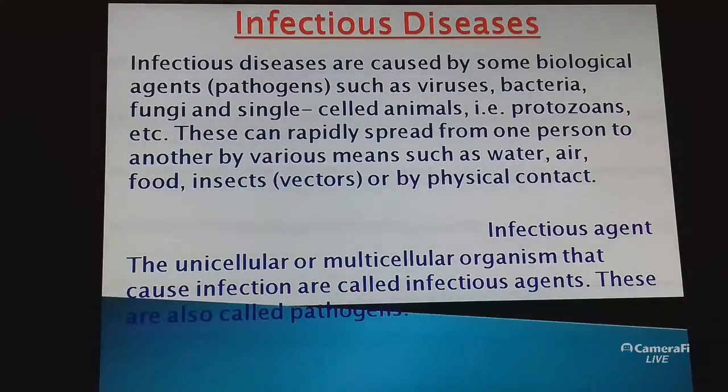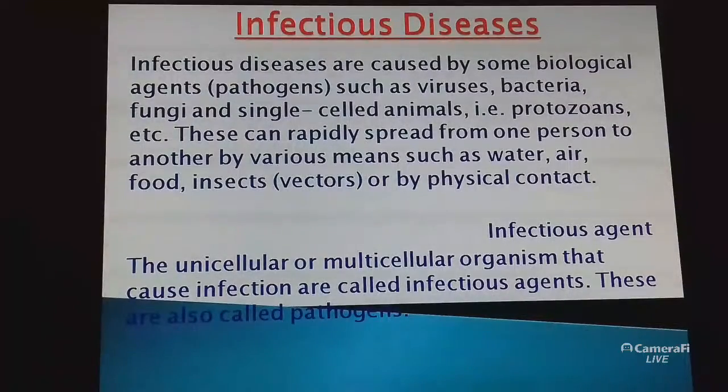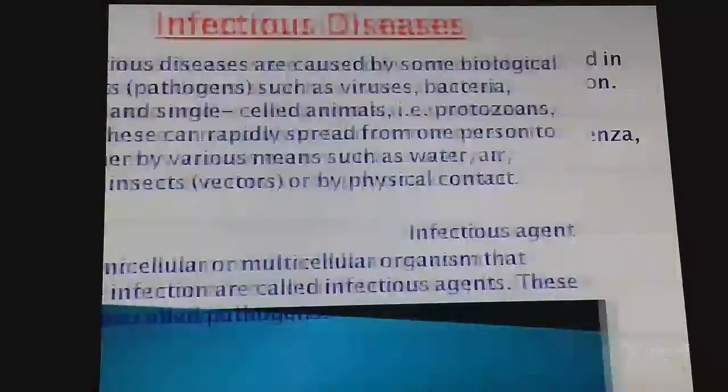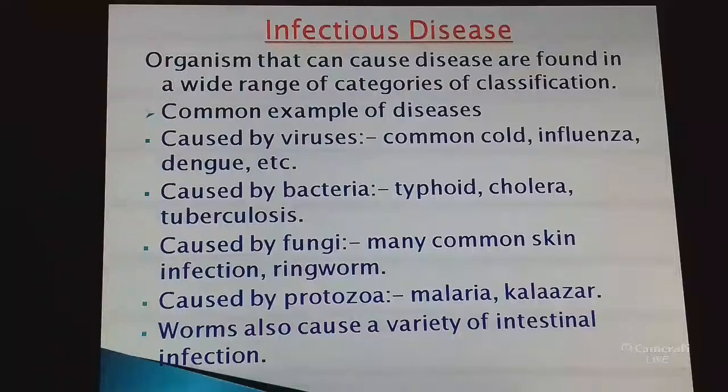The unicellular or multicellular organisms that can cause infection are called infectious agents, and these are also known as pathogens. Clear? What are infectious agents? The unicellular or multicellular organisms that can cause infection are called infectious agents, and these are also known as pathogens. For example, virus, bacteria, fungi, protozoa, etc.